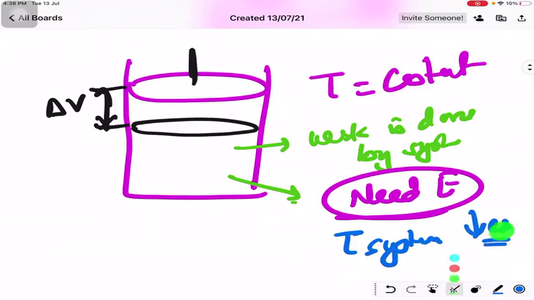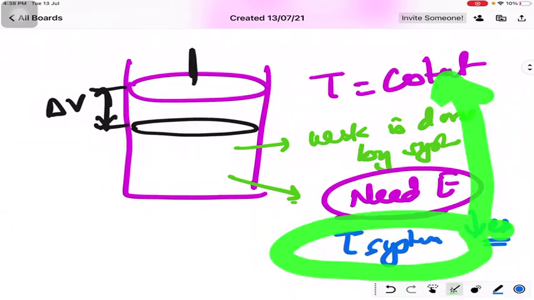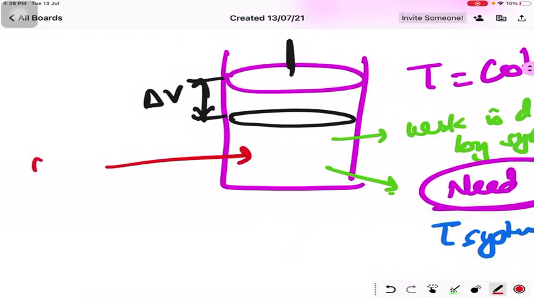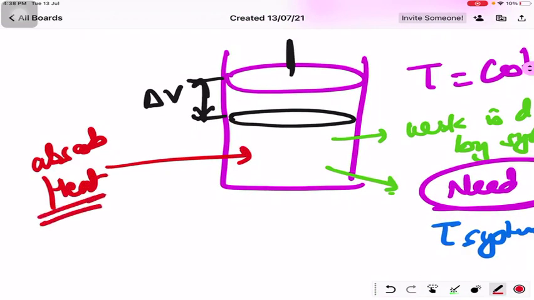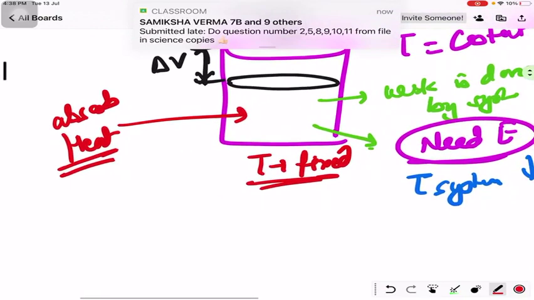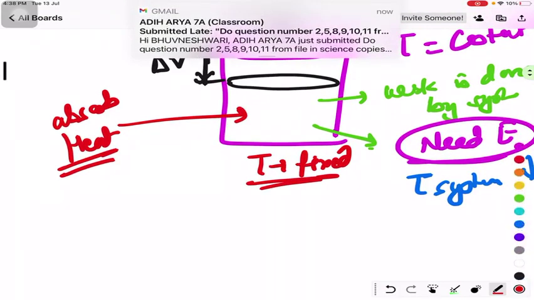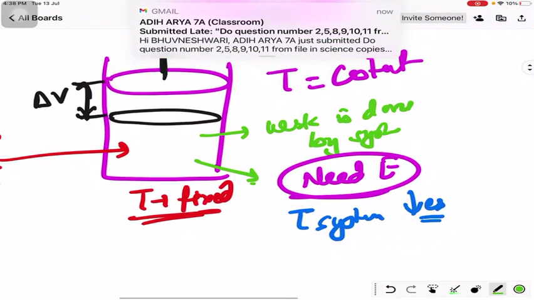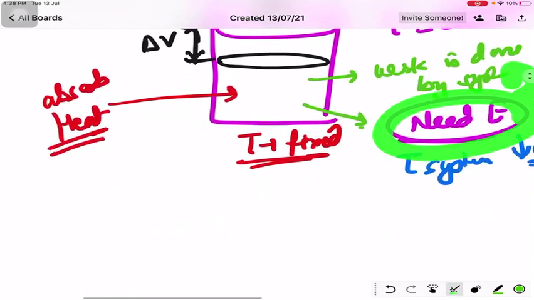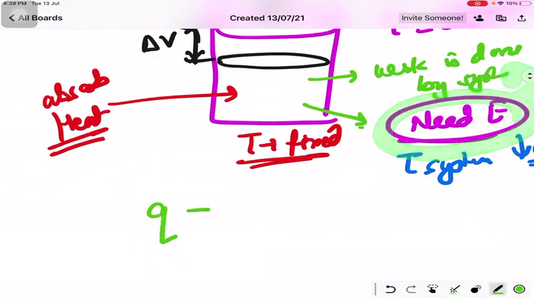In order to keep temperature constant, the system has to absorb heat, so that temperature remains fixed. So how much heat will be absorbed by the system? It will be equal to the amount of energy consumed by the system. So it means your heat absorbed is equal to work done by the system.